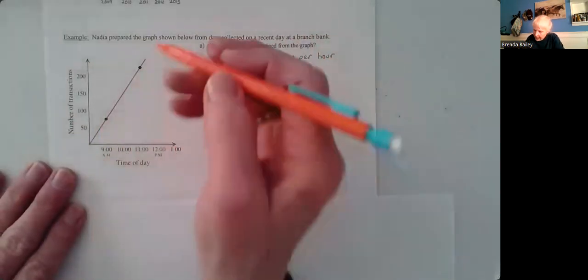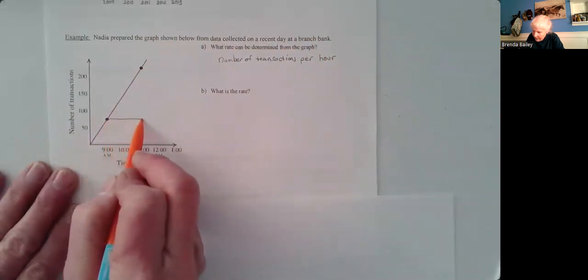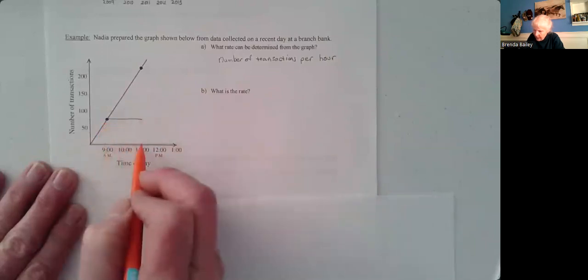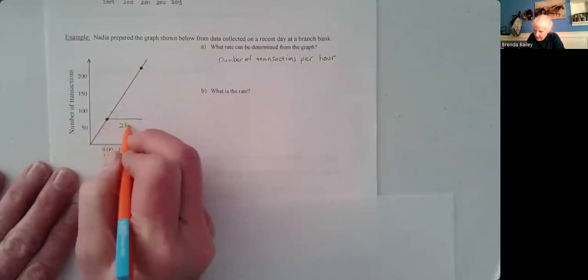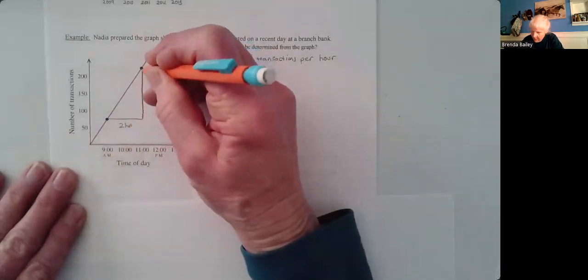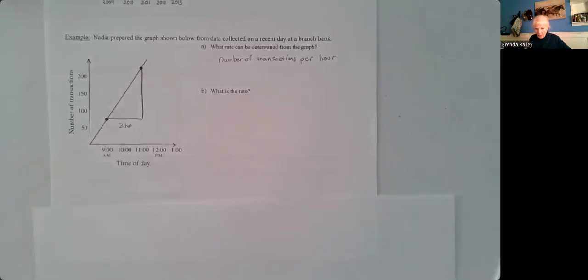That's the rate that you can determine from the graph, the number of transactions per hour. And what is this rate? Well, they give you 2 points, so we're going to use these 2 points. If you go this direction, how many hours? From 9 to 11 is 2 hours. And then you go up. So we've got 75 to 200.